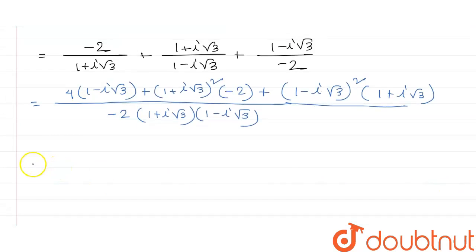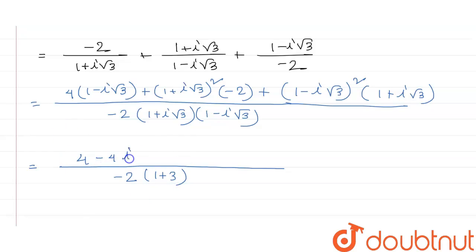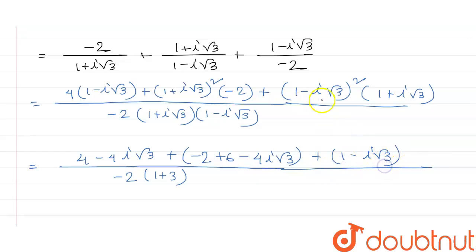Now we solve this. Here is minus 2 into (1 plus 3), so the denominator is minus 8. In the numerator, 4 minus 4i root 3, plus minus 2i root 3 whole square means minus 3, so plus 6 plus 2i root 3, so minus 4i root 3, plus (1 minus i root 3) into (1 minus i root 3) into (1 plus i root 3), so 1 plus 3.